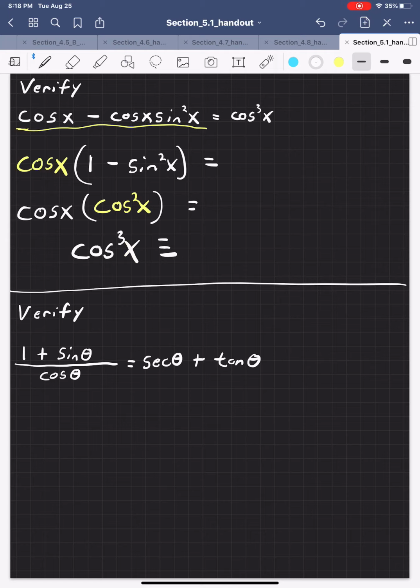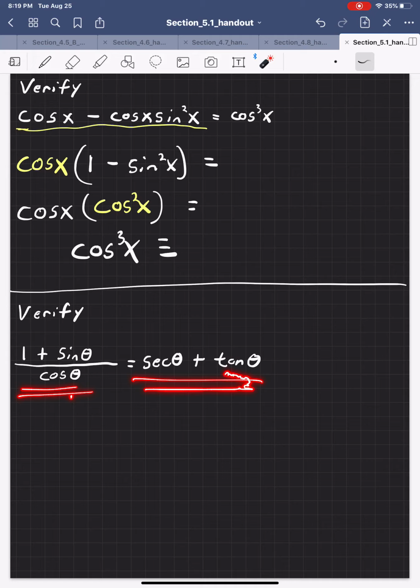All right. So let's do another one. I'm going to add to the strategy list, and then I want to come back and talk a little bit about things you cannot do. So let's take a look at our problem. If you ask me which side is more complicated, I'll say I don't know, because it is somewhat arbitrary to say which side is more complicated.